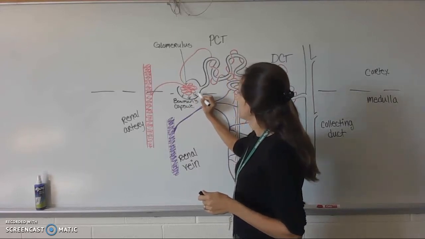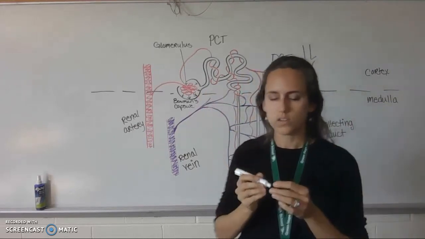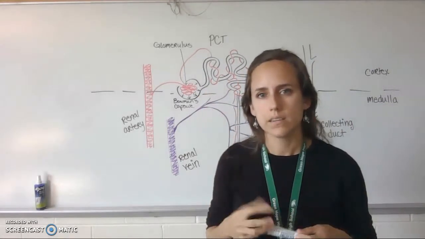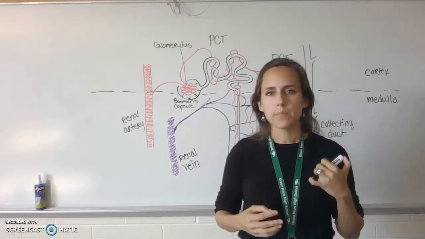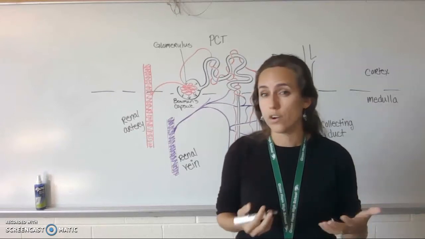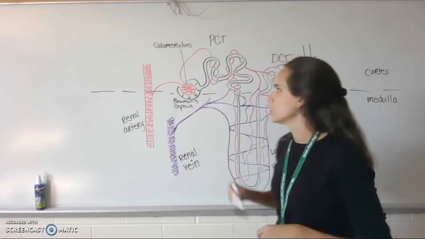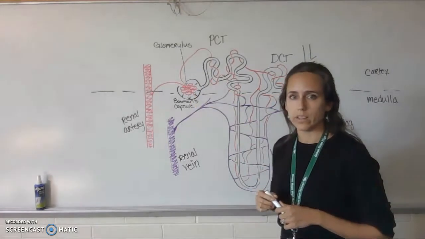comes out here and is separated into what we call filtrate. Now, what is filtrate? Filtrate can be made up of ions, amino acids, glucose, water, and urea, which is waste. So that gets passed out of the glomerulus.